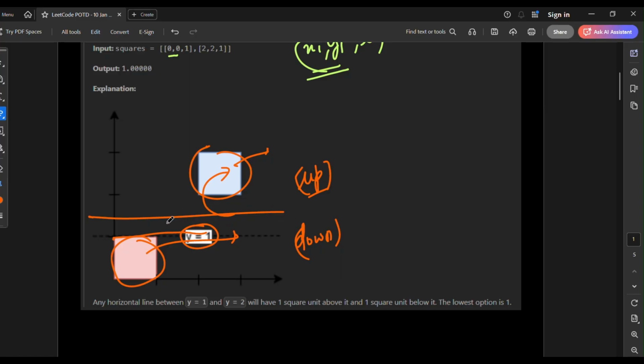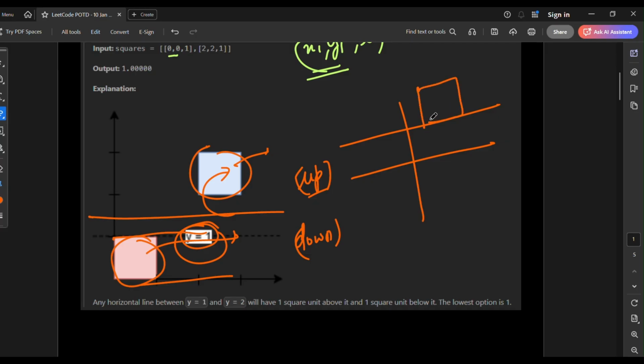It wants us to find a line parallel to the x-axis such that the area of all of the squares above it and all of the squares below it will be equal. So we need to find such a line.